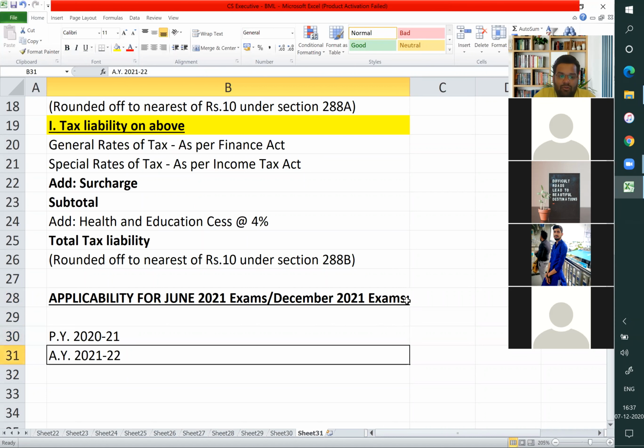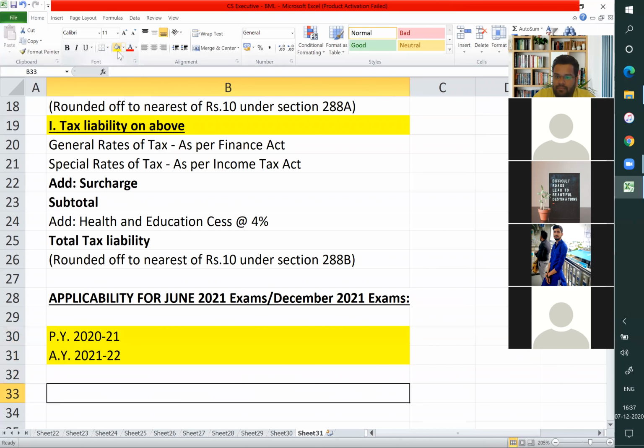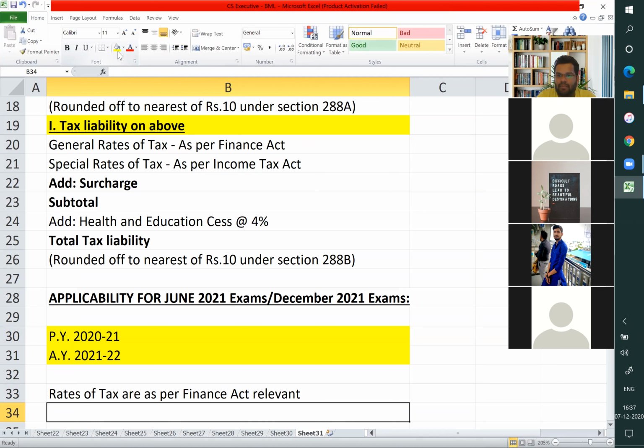Why do these things have to be discussed specifically in income tax? Understand? Because rates of tax are as per the relevant Finance Act.